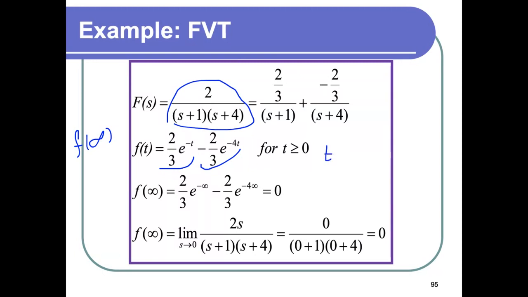As t goes to infinity, these terms will vanish, so f of t converges to 0. Now, if I use the final value theorem, I can multiply F by s and take the limit as s goes to 0, and we get 0. Any questions?